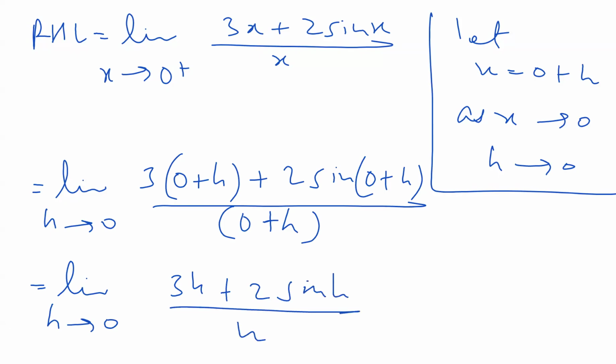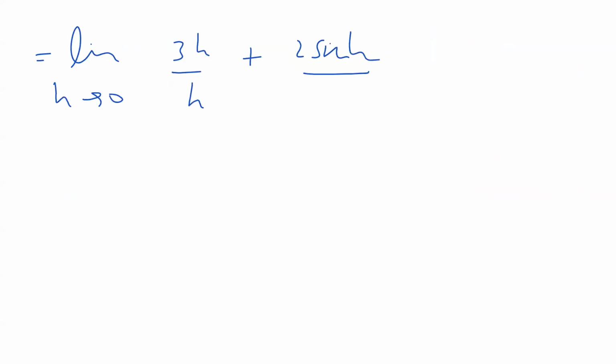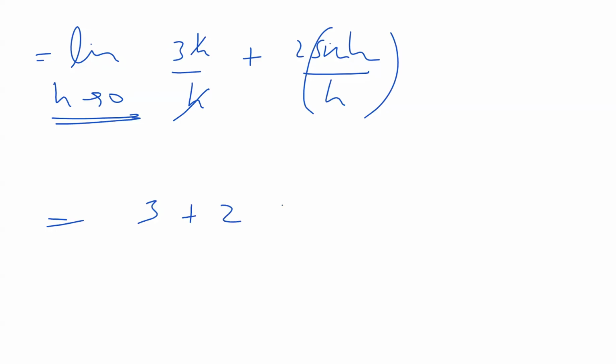Now we're going to split this into 3h upon h and 2 sine h upon h. Now h cancels, and sine h upon h as h approaches 0 is 1. So 3 plus 2, that is equal to 5. So we got the value of RHL.